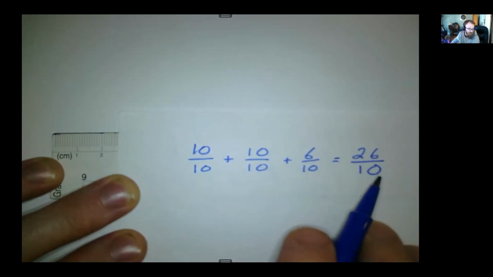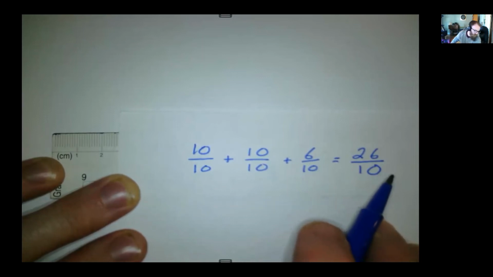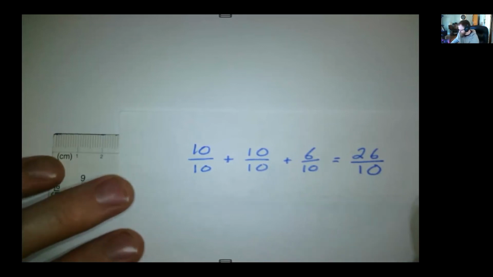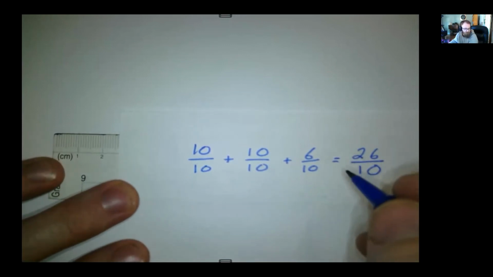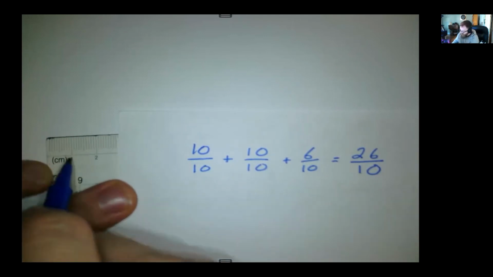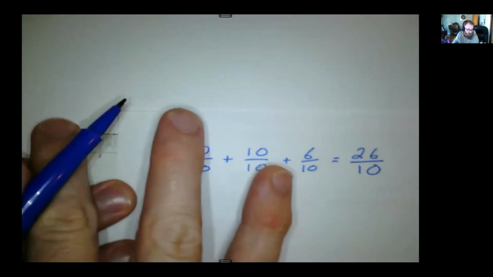In fraction form, 10 tenths plus 10 tenths plus 6 tenths equals 26 tenths. But don't forget, we're talking about measurements. We're using a unit. We're using centimeters.